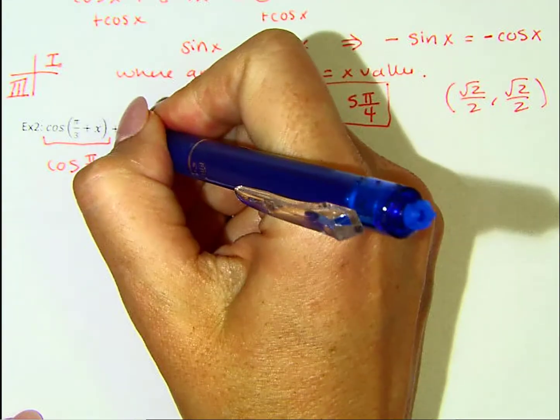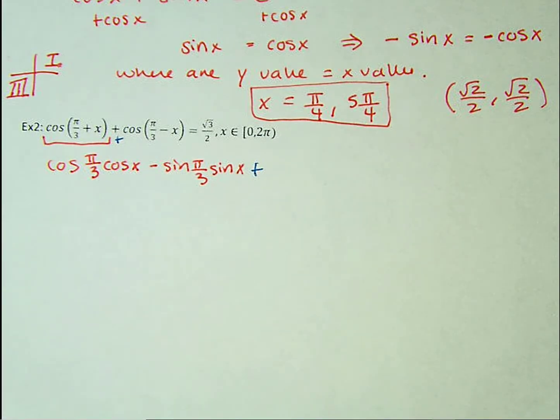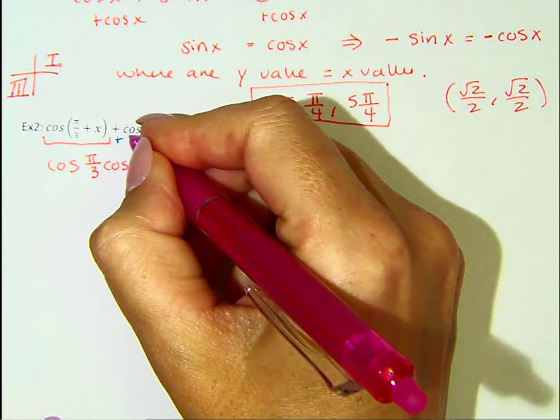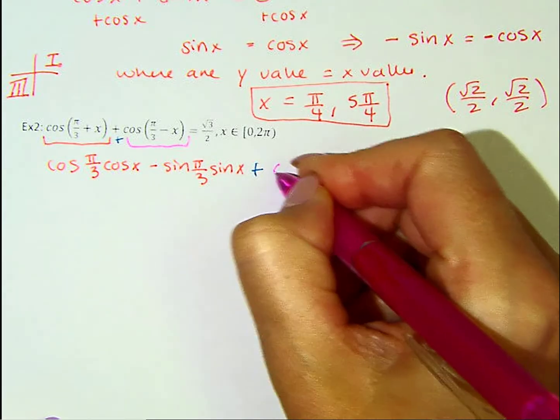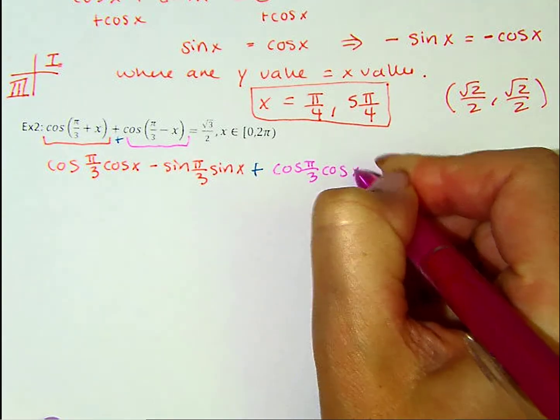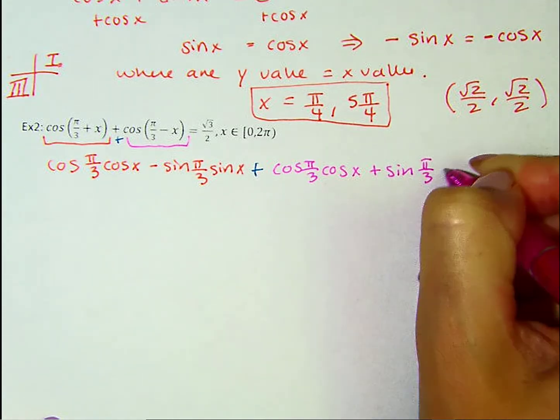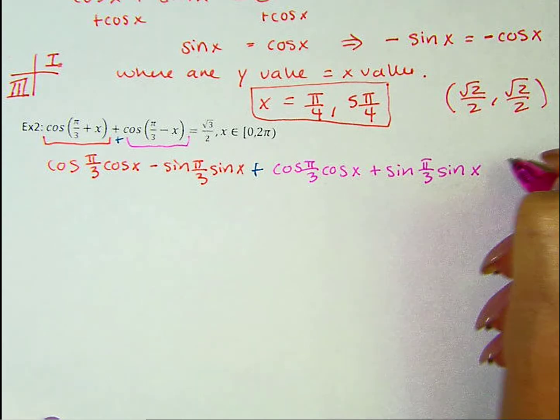Then I'm going to carry down that plus sign, and then I'm going to do my next identity. Cosine pi over 3 cosine x plus sine pi over 3 sine x.